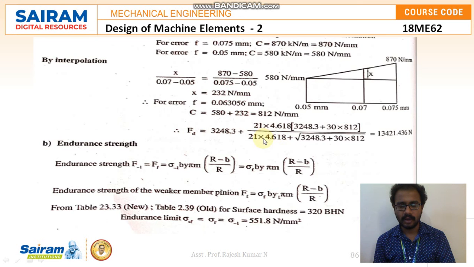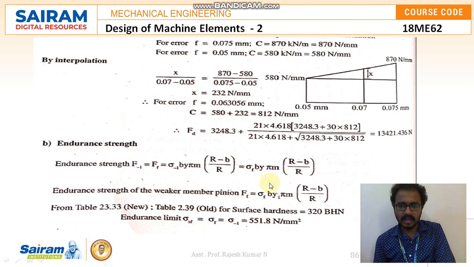It is 21, not 2 into V, sorry. So by substituting the C value, I'm getting Fd as 13421.436 Newton. Then the second step is endurance strength. That is F endurance, F suffix minus 1, and the formula is sigma b into b into y into pi m into (r minus b) by r.